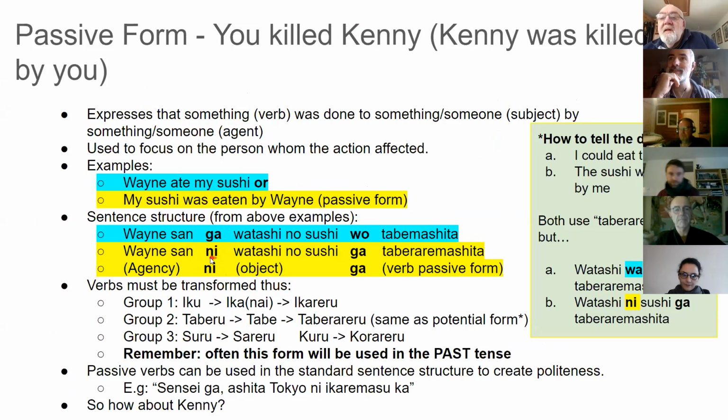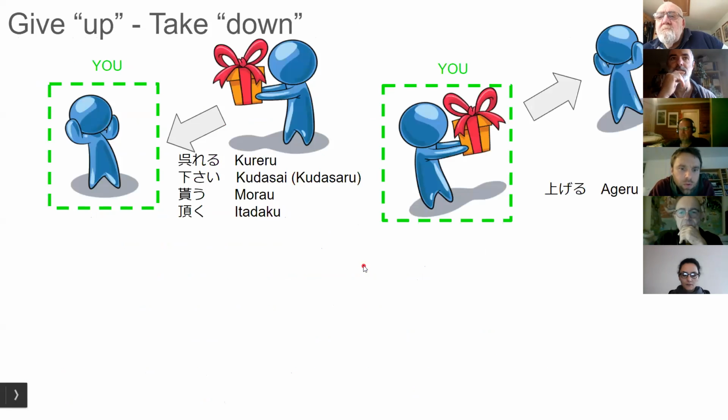The person who is carrying out the verb that affects you was marked with ni, and the thing which is affected by the passive form is marked with ga. Then we turned the verb into its passive conjugation. This is quite similar to the causative form, which we're going to do today.